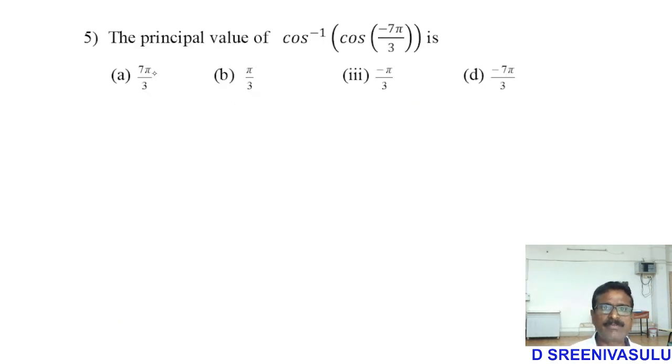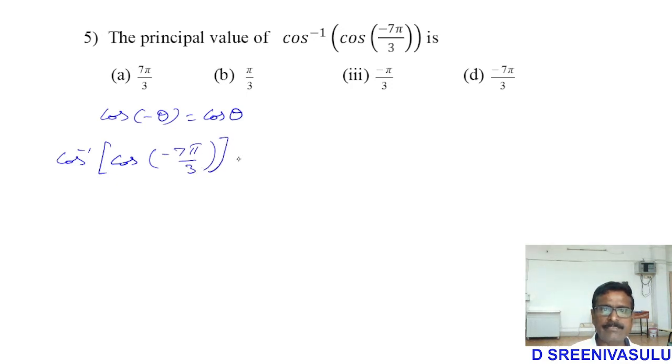Question number 5. The principal value of cos inverse cos of minus 7 pi by 3. What is cos of minus theta? It is equal to cos theta, because in the fourth quadrant cos is positive. Then cos inverse cos of minus 7 pi by 3 can be written as cos inverse cos of 7 pi by 3.